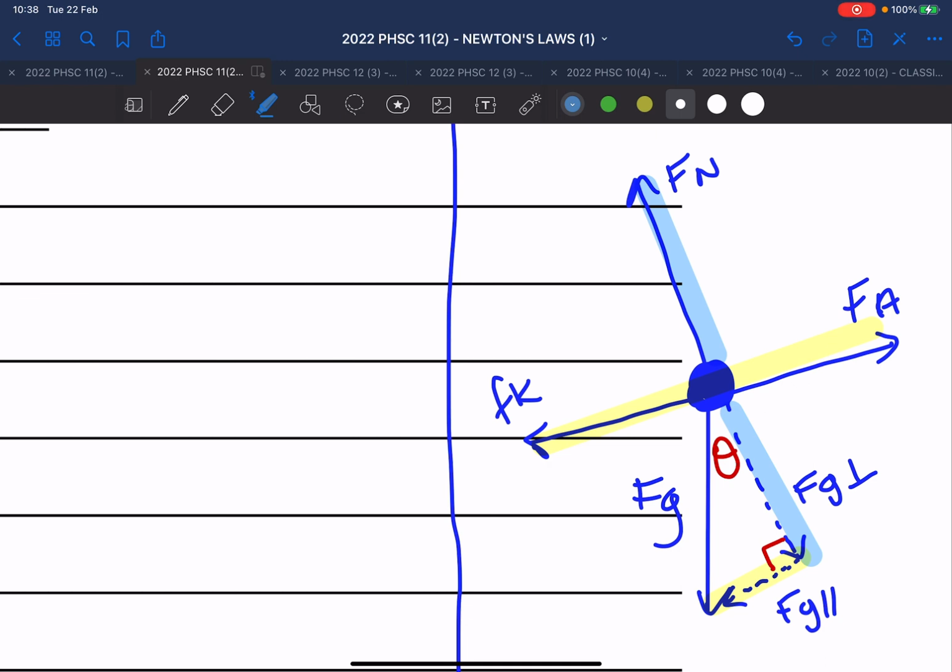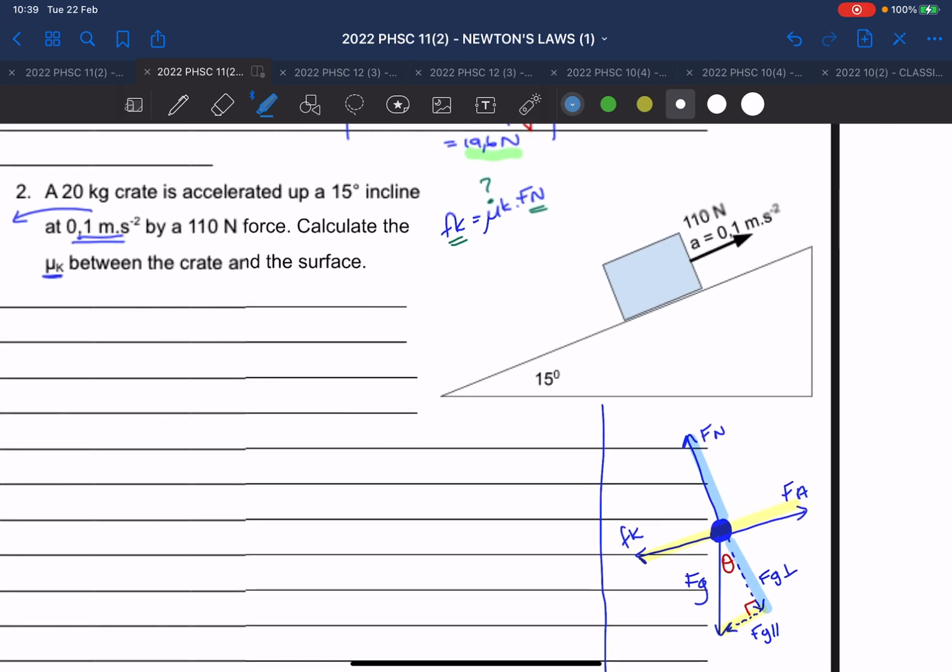Which force, which color. Don't just copy me. You must know why you're doing it. If you don't know, you must ask. Otherwise, it's irrelevant whether you highlight or not. Alright.